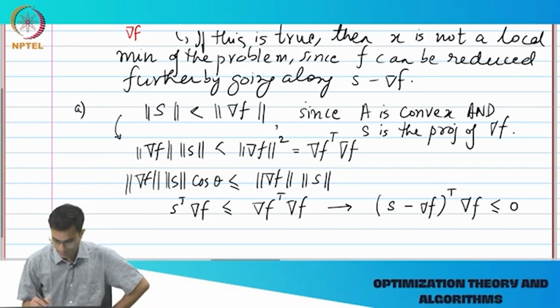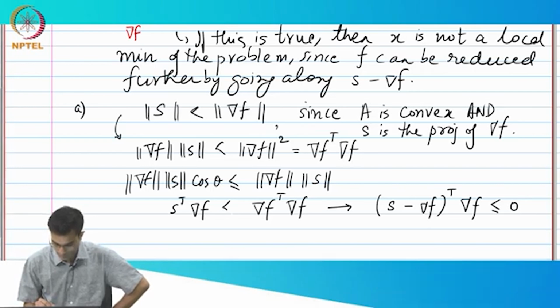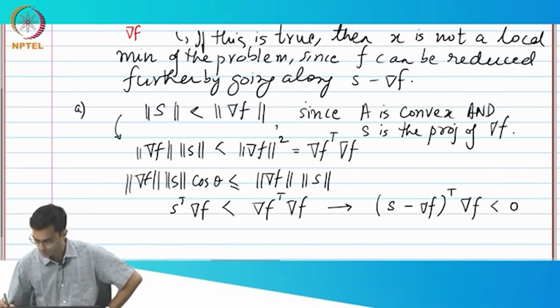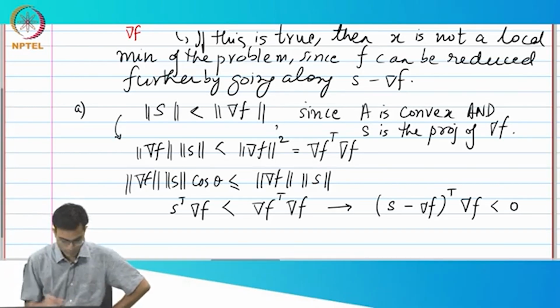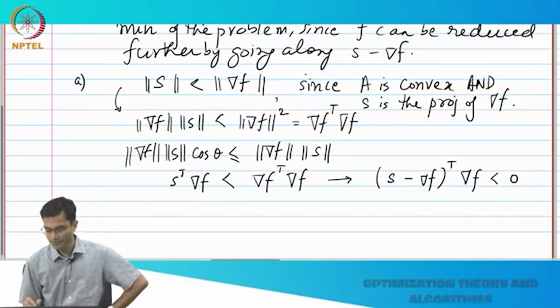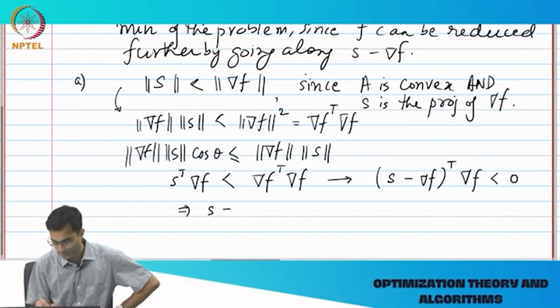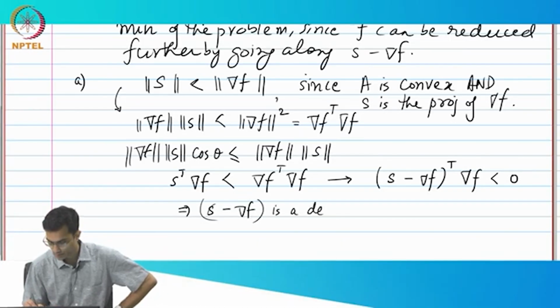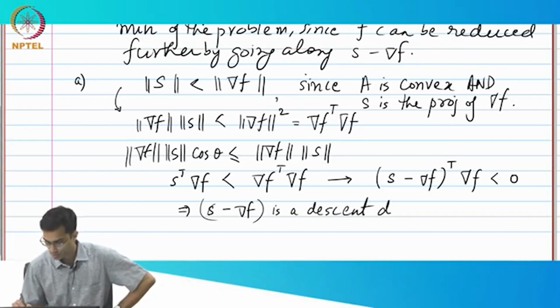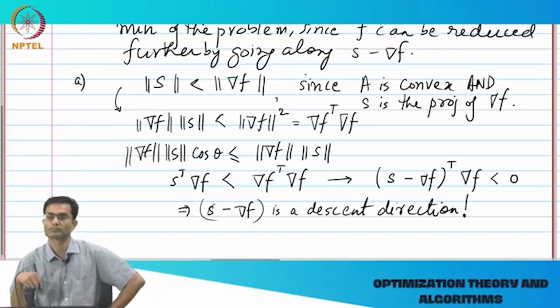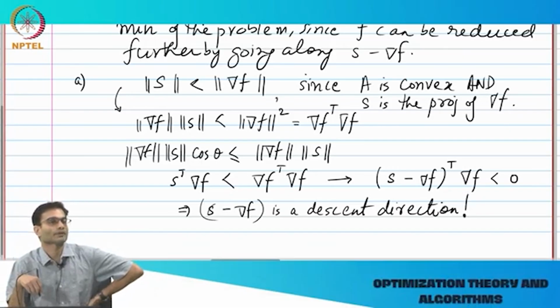This is fine and this is what I get. And we all know what this is. This implies that S minus grad f is a descent direction. That was quite easy to prove, right?